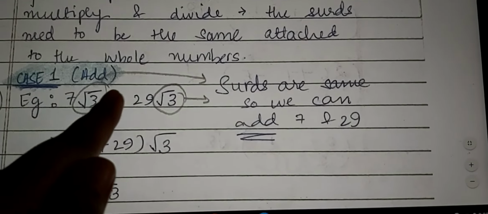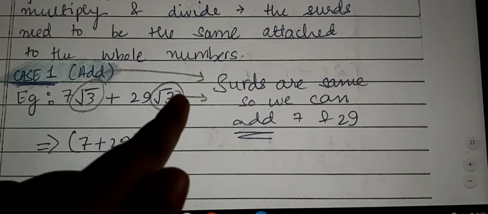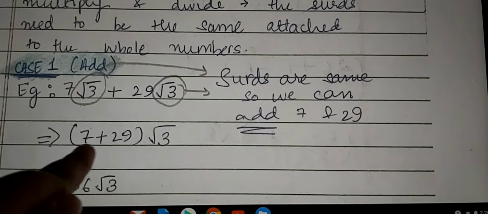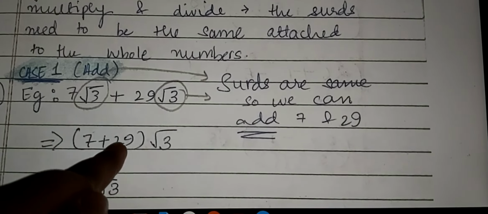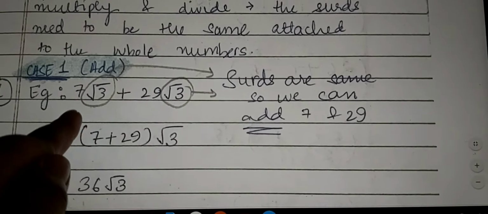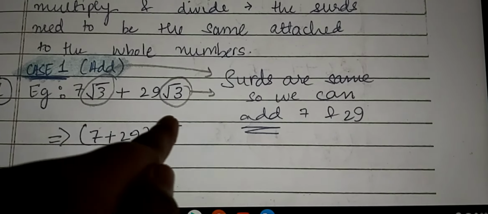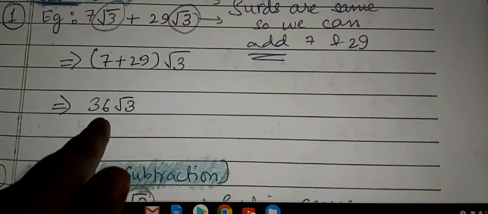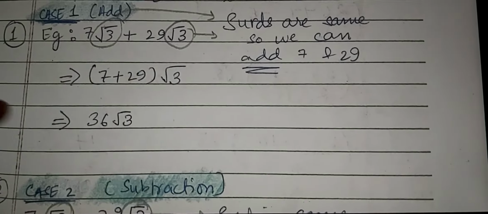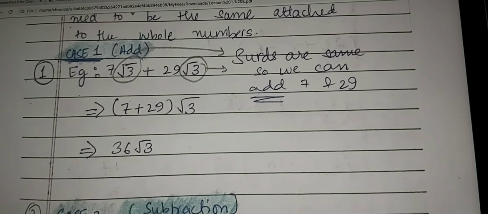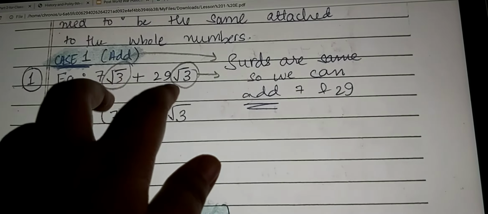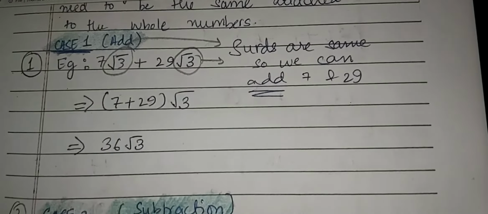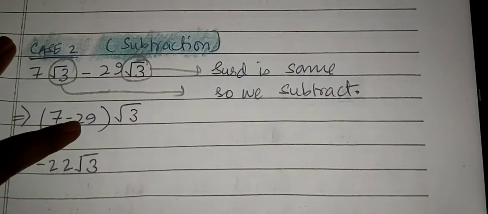If the roots in the sum are the same, then we are just going to add the outside number, which becomes 7 plus 29, and I'll put them in a bracket and write square root 3. What is my answer? 36 square root 3. Very simple, basic. If the square root is the same in both numbers, then you are just going to add the outside numbers. Same goes for subtraction.